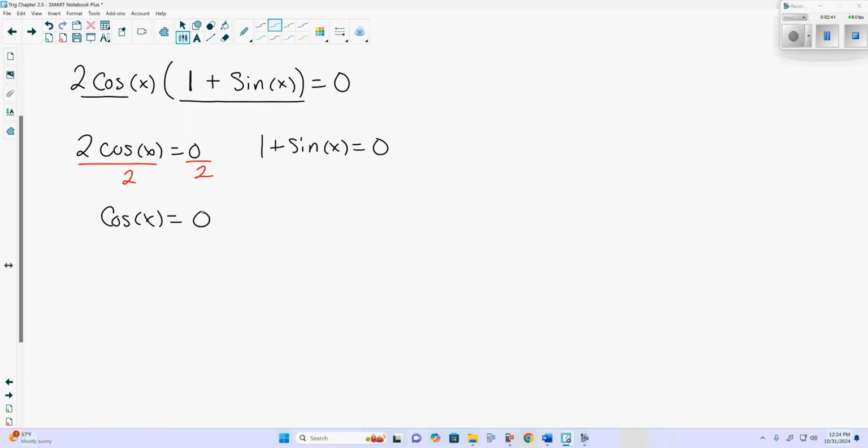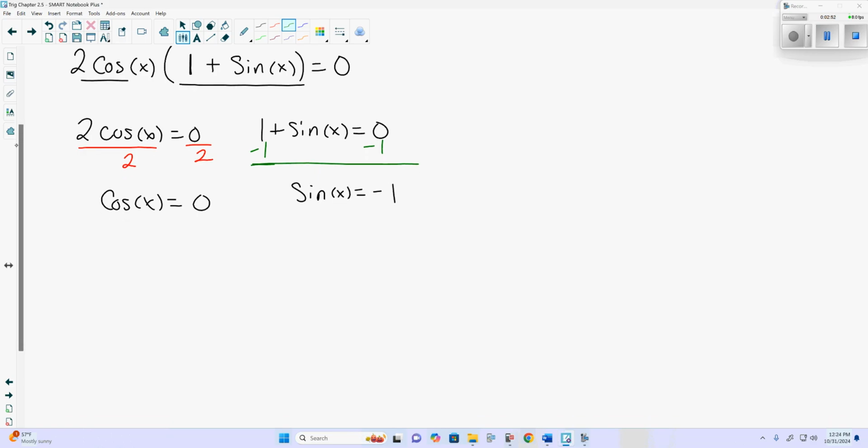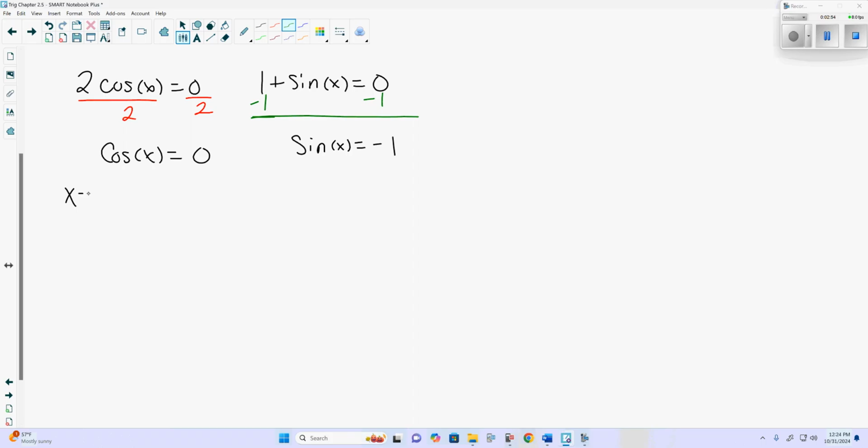With our sine of x, we can subtract 1 from both sides, telling us sine of x is equal to -1. Questions on this here before we find our angles?